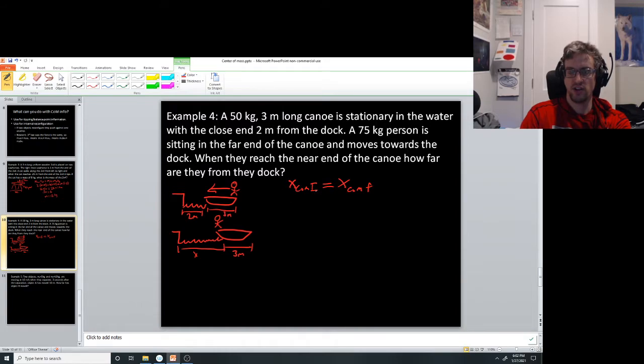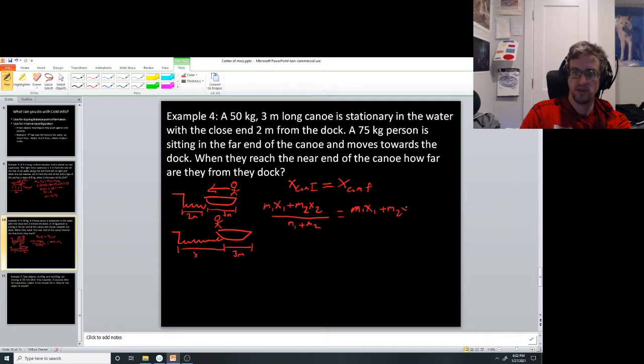All right. So X center of mass, that is M1 X1 initial, I'm not going to write all the subscripts, that's really annoying, divided by M1 plus M2, is equal to M1 X1, M2 X2.